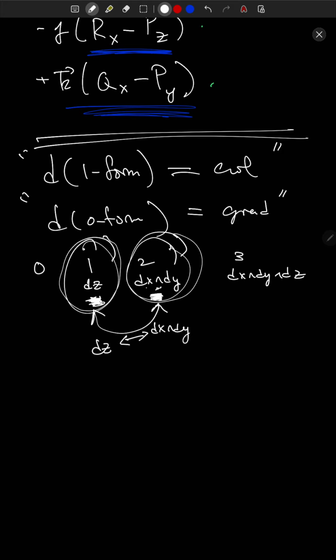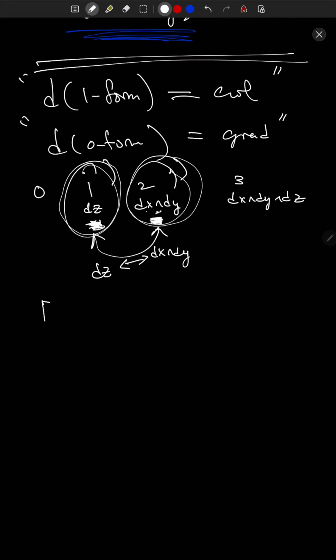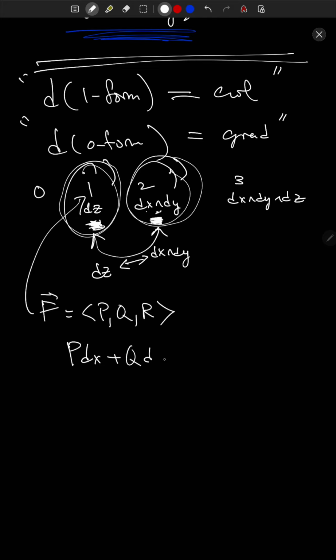Okay, so what happens is when we have a vector field F equals PQR, we can think of that as something that lives here. It's P dx plus Q dy plus R dz.